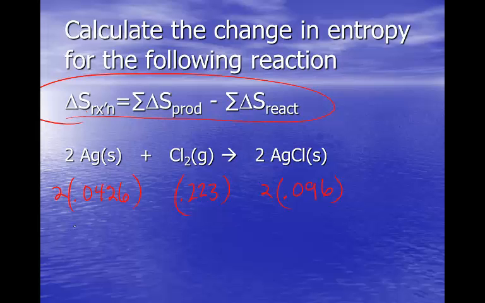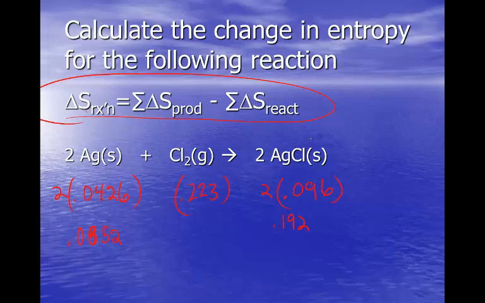So 2 times 0.0426 is going to give us 0.0852. Chlorine is 0.223. 2 times 0.096 gives us 0.192.